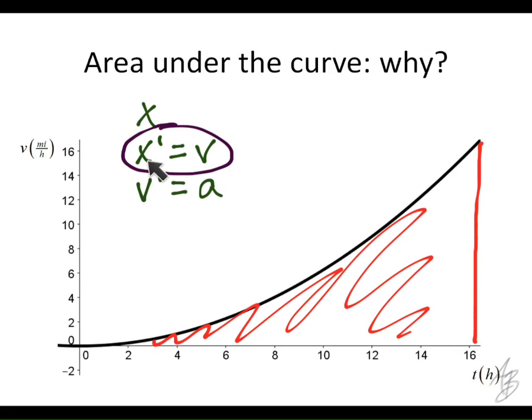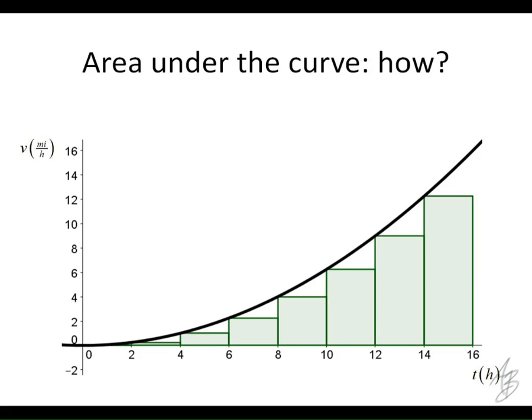So when we take the derivative of position, we get velocity. When we find the area under velocity, we get back to the position, or at least the change in the position. So the area under the curve is tied very closely to the derivative. It's actually the opposite. Yeah, antiderivative.